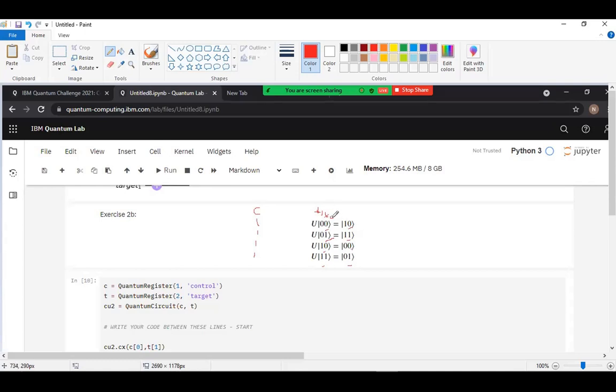So we'll just keep that aside, and now we observe T1. It's 0 over here, and then it's 1 over here, it's 0 over here, and it's 1 over here. We can see in all the 4 cases your T1 state is changing, and in all the 4 cases our control qubit is also 1.